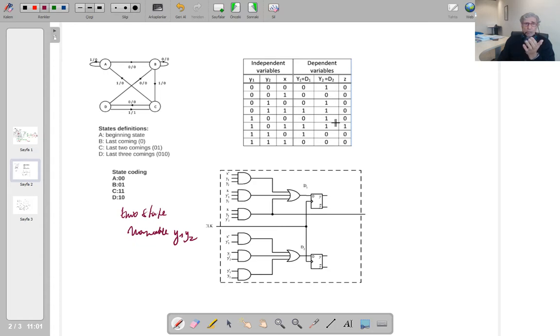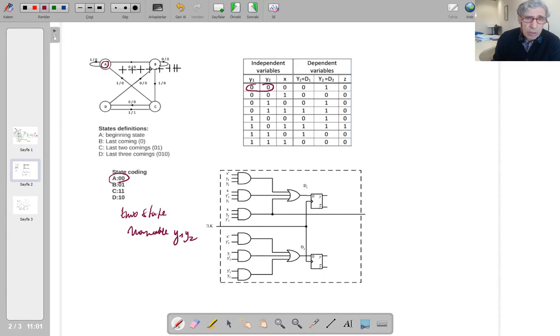How am I going to find this one from this diagram? I will show you just one of them, so you could do the others on your own. So look at these independent state variables, small y1 and small y2, 0, 0. So 0, 0 is state A, isn't it? That means that is the 0, 0 state.